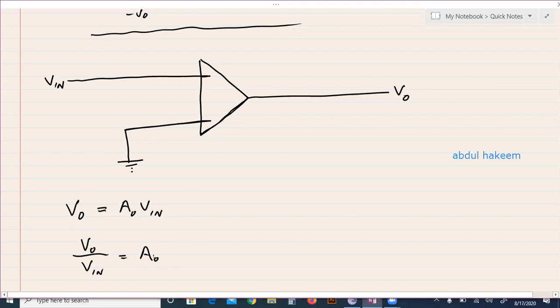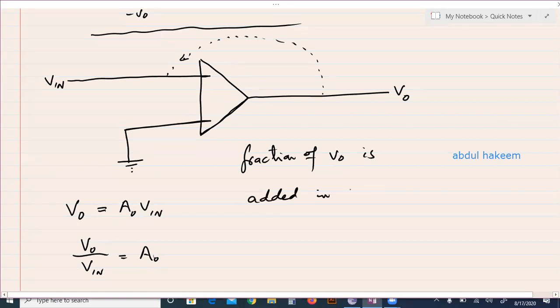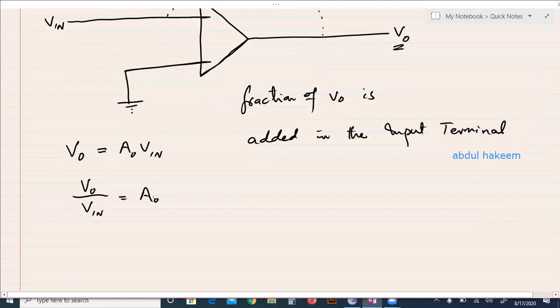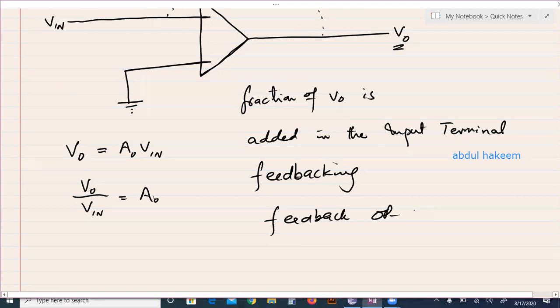But after this output, if some portion of the output voltage is added to the input voltage, meaning a fraction of the output voltage is added in the input terminal, meaning some part of this output voltage is added back into the input terminal, then this procedure is called feedbacking, and the operational amplifier is called feedback OpAmp.